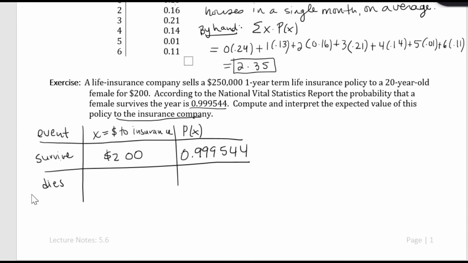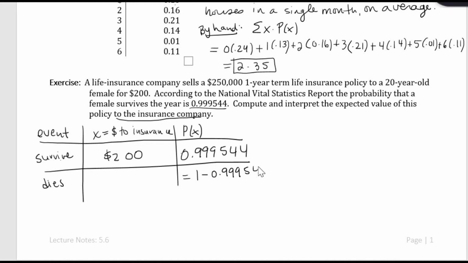So we're first going to use the complement rule to find the probability that she dies, right? It's only 2 events: either the female survives or she dies. So if she survives we have this probability, which means that if she dies, it's going to be 1 minus the probability that she survives.